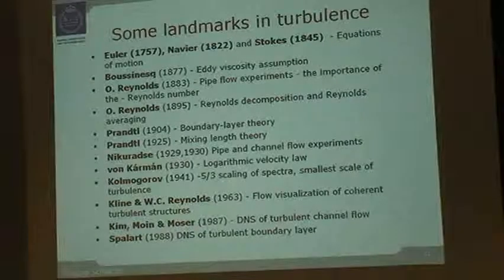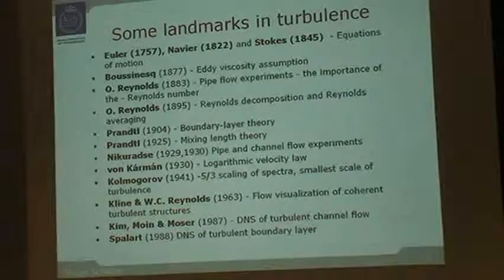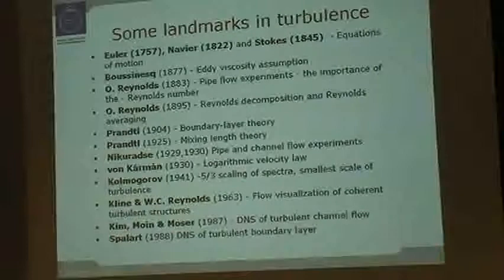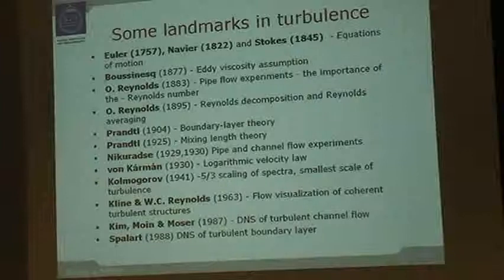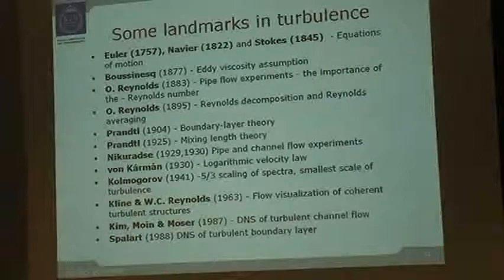Then we have Prandtl appearing here twice. The concept of boundary layers in general, and also the mixing length theory, which can be considered as a turbulence model. Pipe flow experiments were also performed in the 20s and 30s for rough and not rough types.